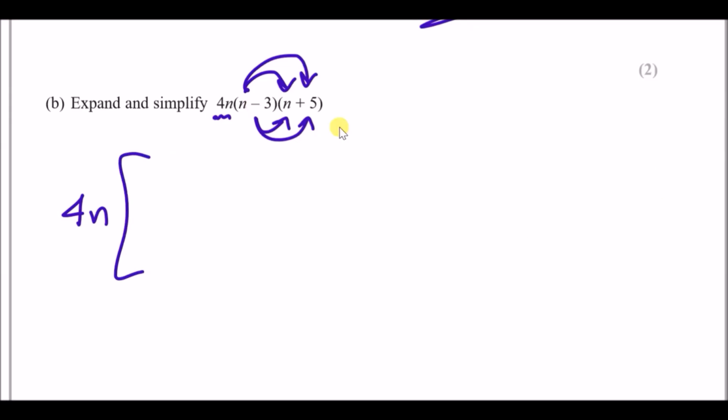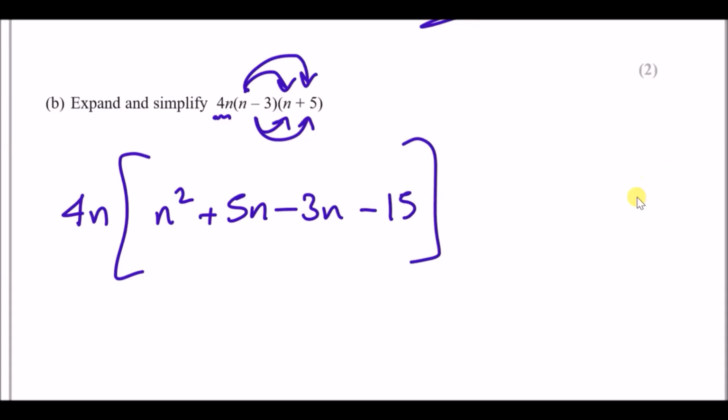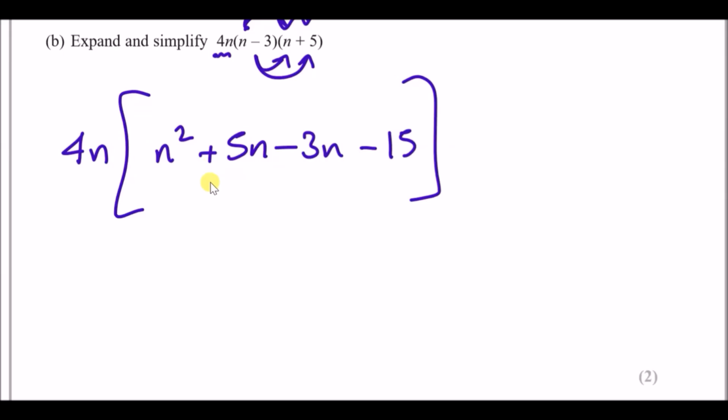So now we've got n times n, which is n squared, n times 5n, which is plus 5n, and then you got minus 3 times n, which is minus 3n, so you got plus 5n, minus 3n, and lastly, minus 3 times 5 is minus 15. Okay, now all you want to do is firstly collect like terms before you deal with the 4n, so it'll be 4n times, and then you got n squared.